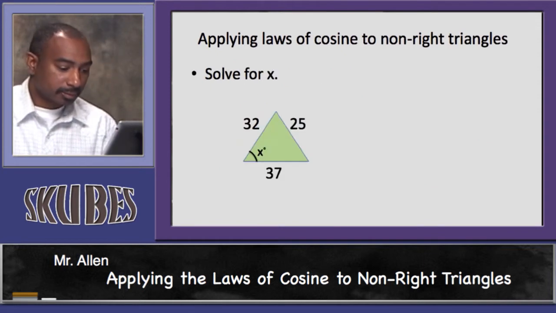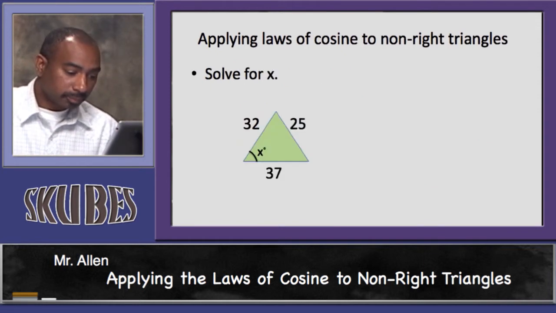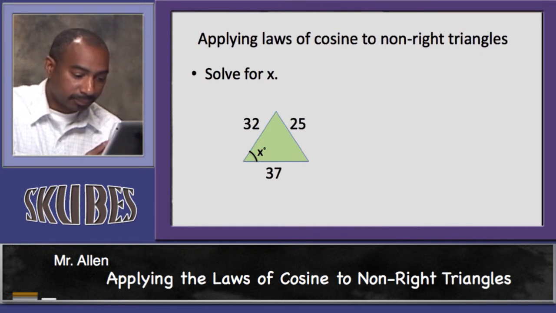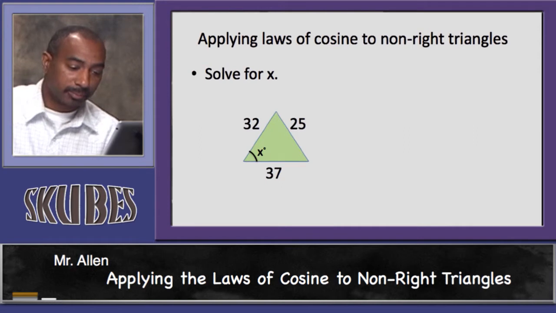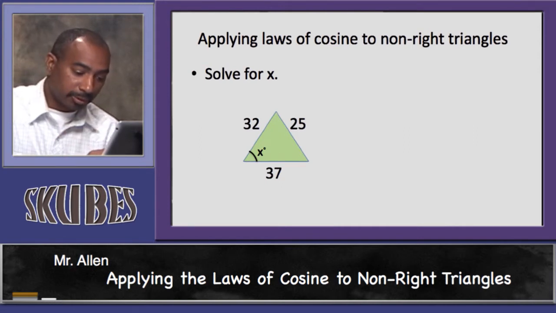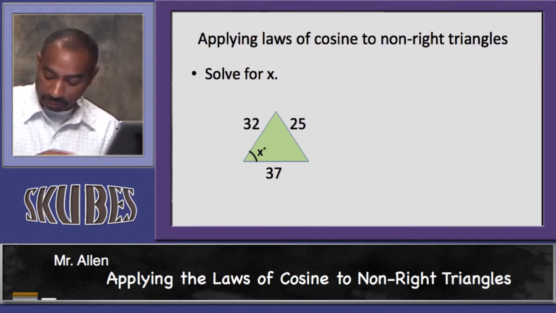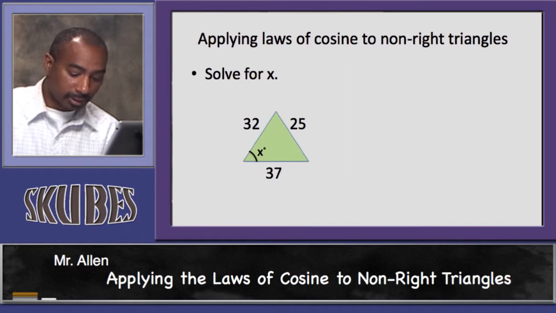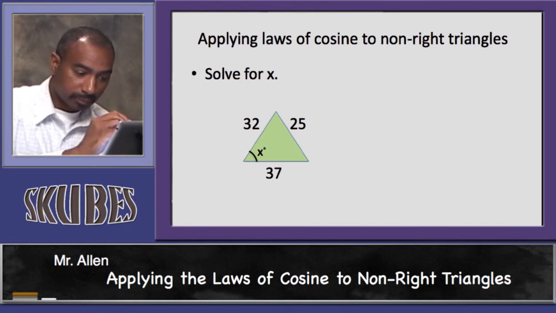All right, solve for x. This time, again, you have side, side, side, so we can also use the law of cosines. You want to figure out what the included angle is here. You don't know what that is, so you can set it up using the law of cosines.